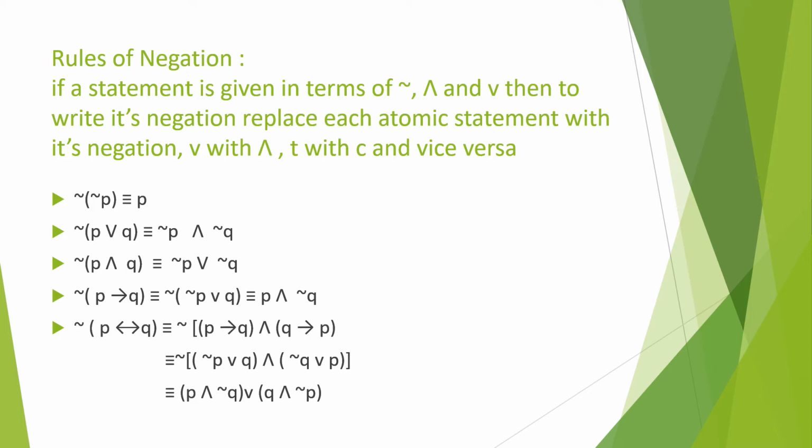P implies Q and Q implies P. Again, we are applying the same rule that P implies Q is equivalent to negation of P or Q. Similarly, Q implies P is equivalent to negation Q or P. Now to write negation of the statement, replacing each atomic statement by its negation and interchanging conjunction and disjunction, negation of biconditional statement becomes P and negation Q or Q and negation of P.